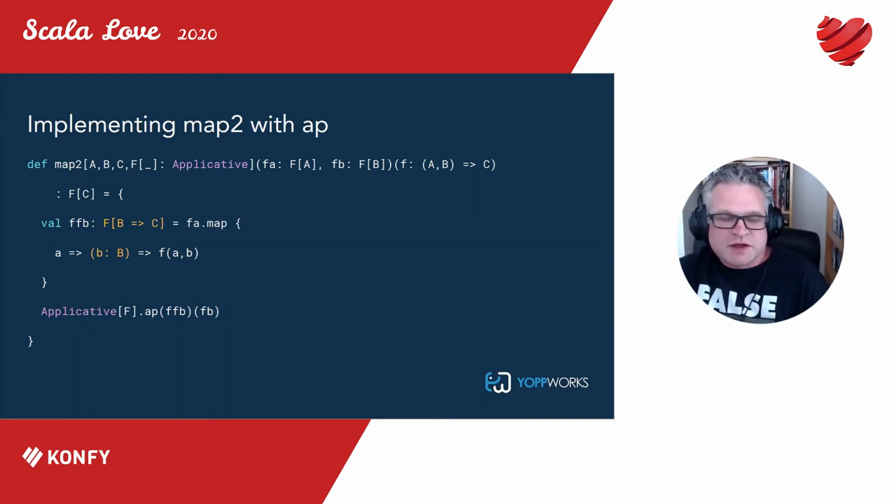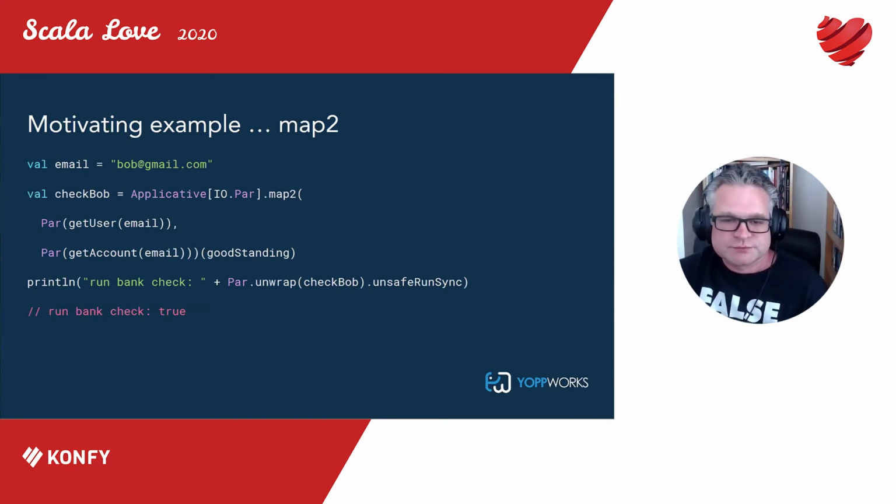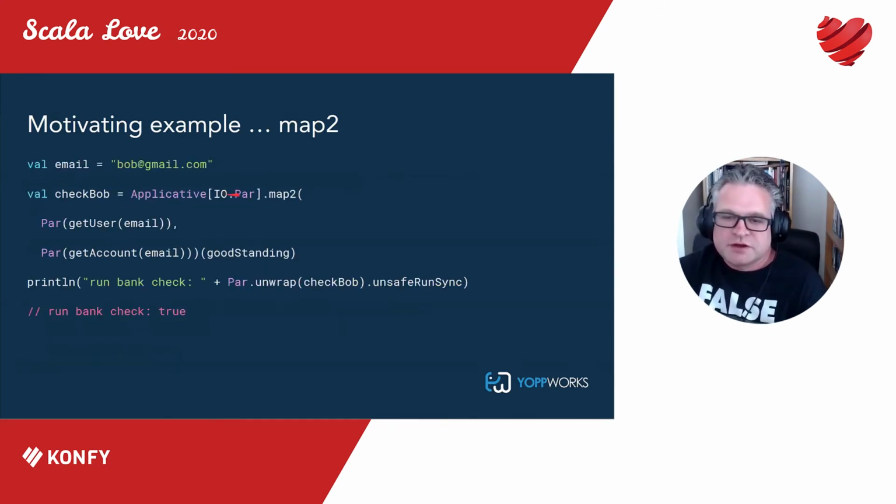So instead of doing that, we can use the applicative instance, right? Let's just go back to the code one more time. In this code, first of all, I explicitly said I want an applicative, and then I use the IO par, and then I wrap my IOs using this par function.